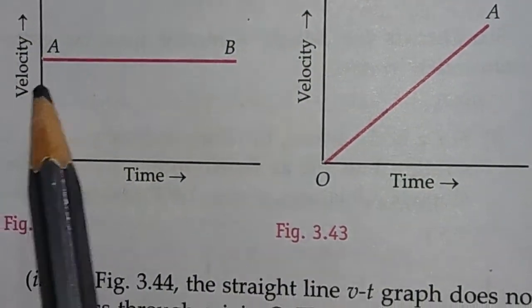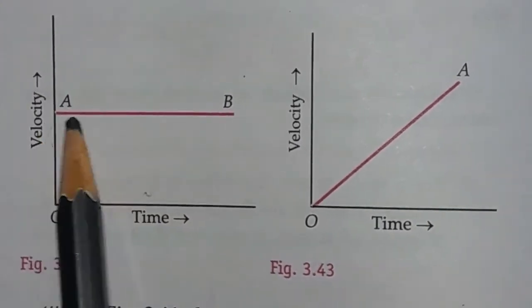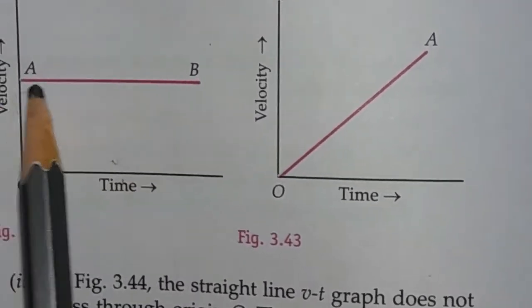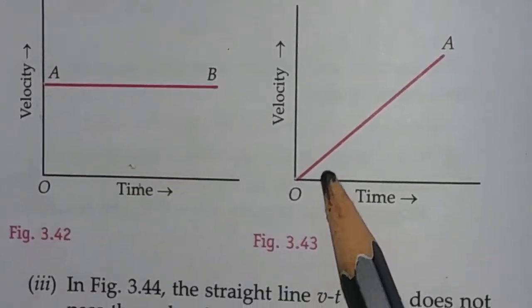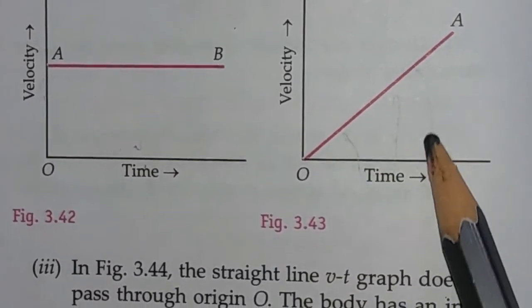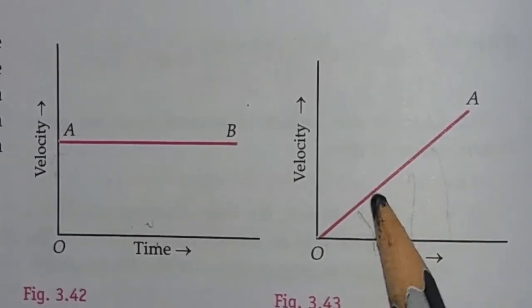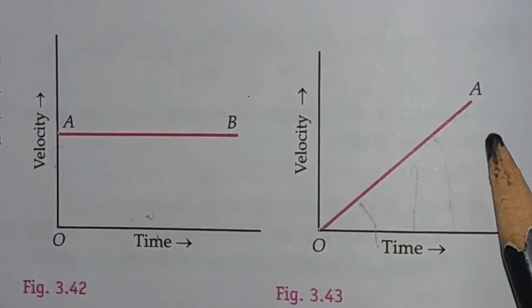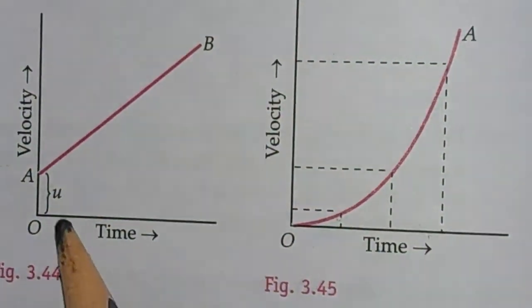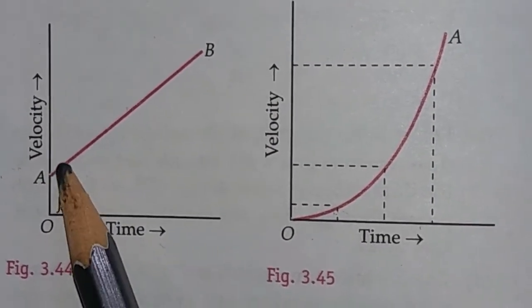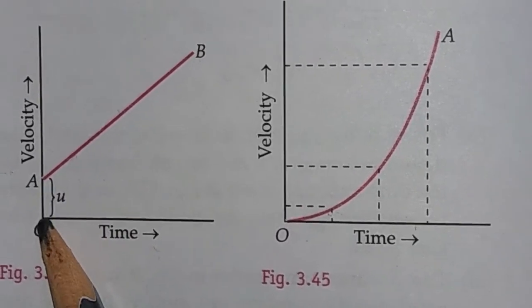This is a velocity time graph and it is parallel to the time axis. It means that it is showing constant velocity. Here velocity is increasing with time, so this is showing uniform acceleration. This is a velocity time graph. This graph is not starting from the origin.